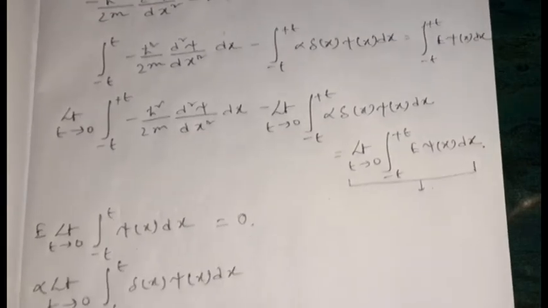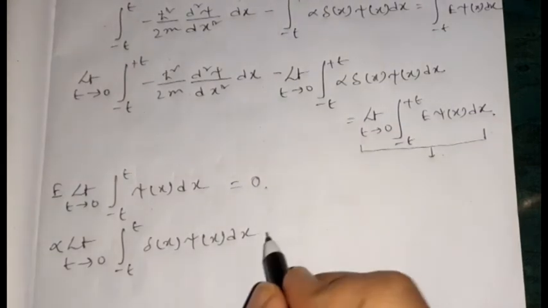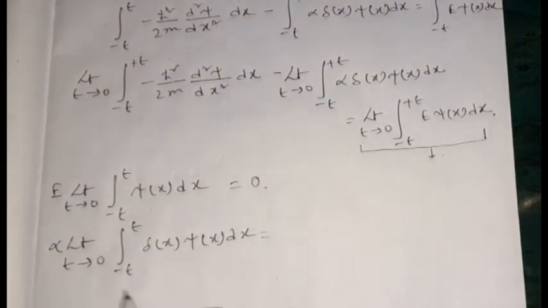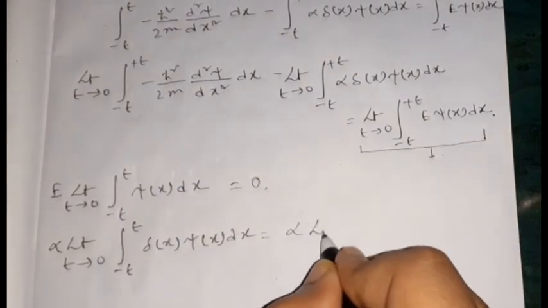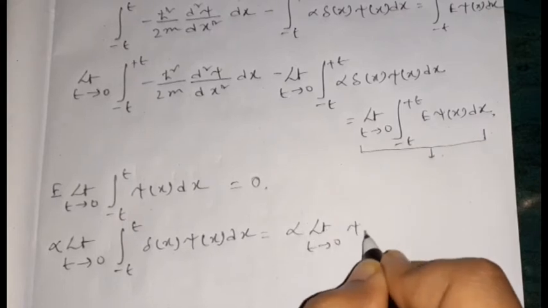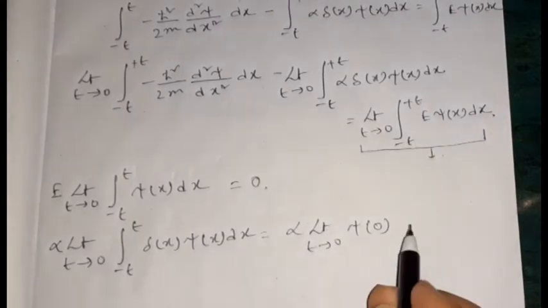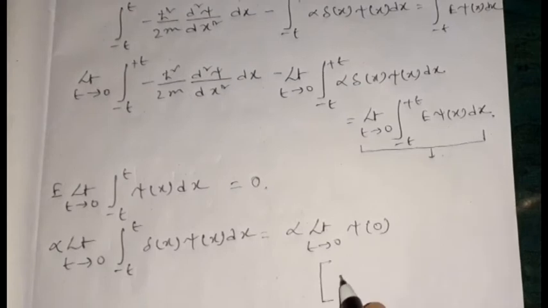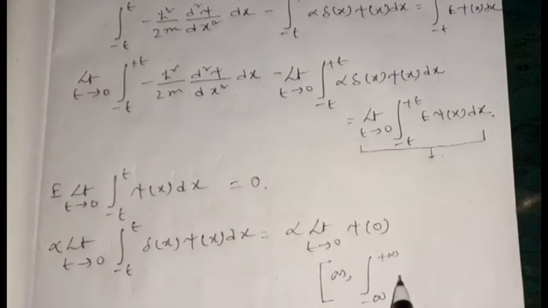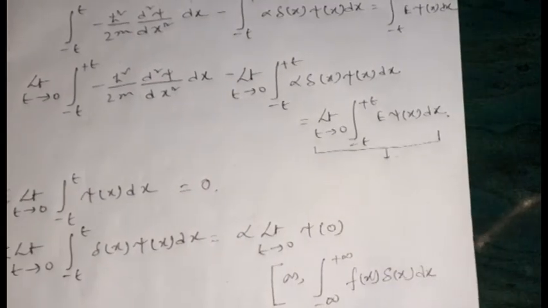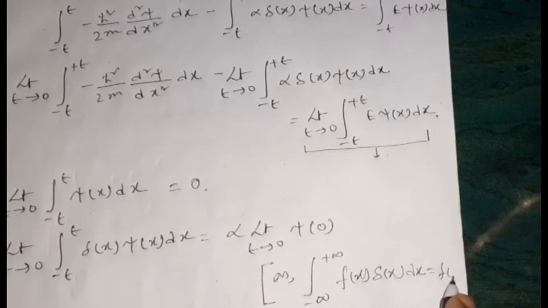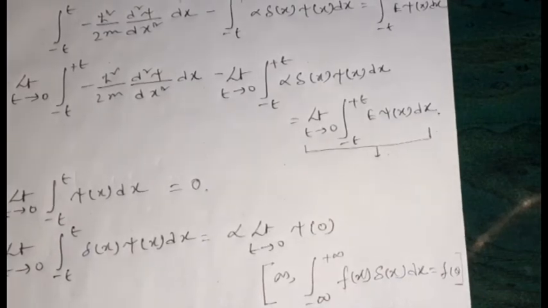As I showed you earlier, for any delta function integration like this, it gives us psi 0, as the integral from minus infinity to plus infinity of f of x delta x dx is equal to f of 0.